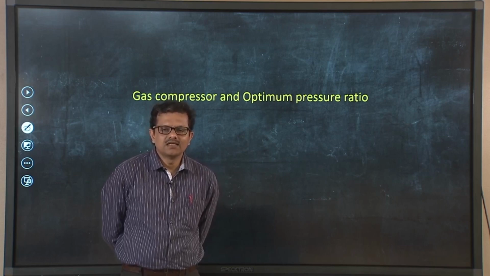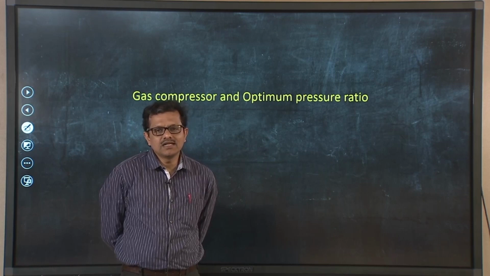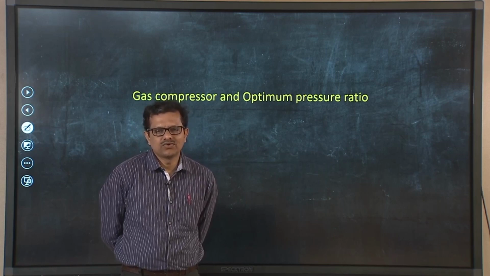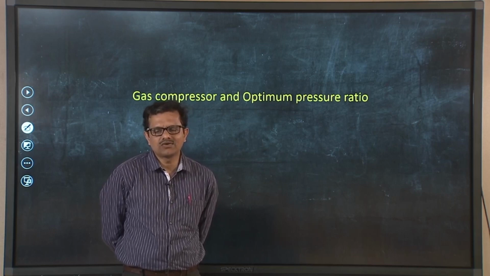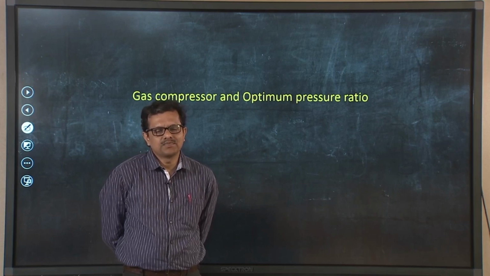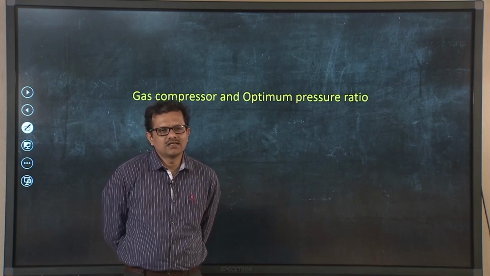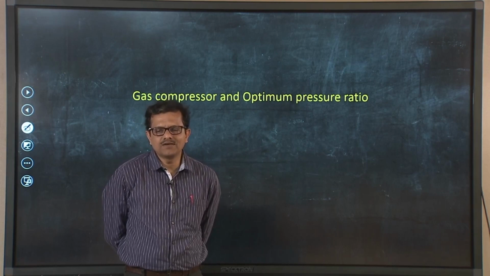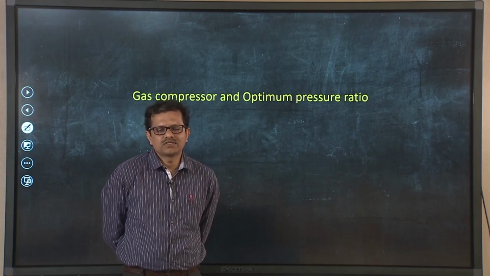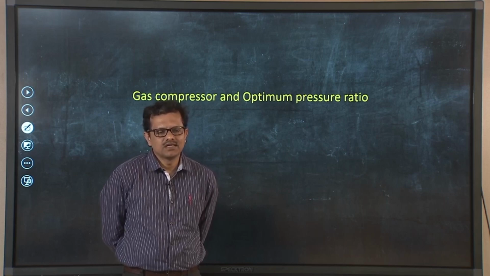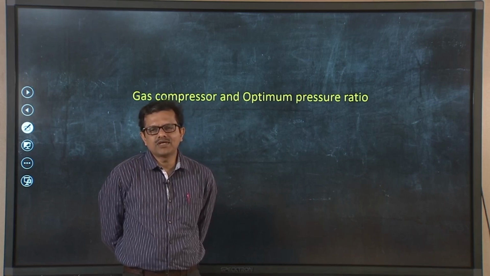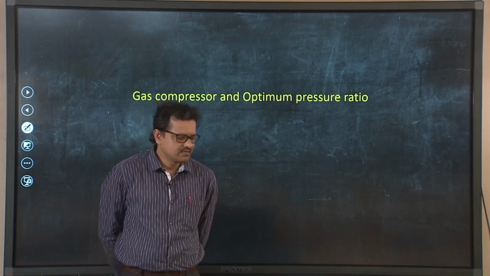And we had seen that in a gas turbine unit, whether based on open cycle or closed cycle, the compressor is an important part, and the rise in pressure of the working fluid performed by the compressor is very important to dictate the overall efficiency of the cycle.